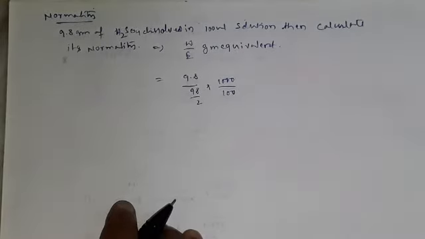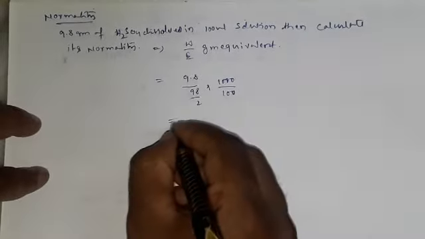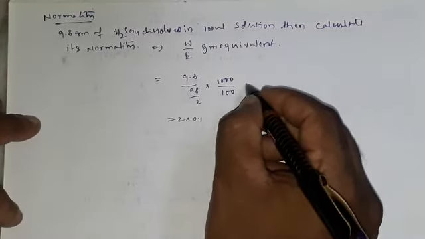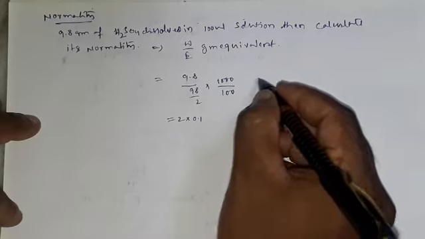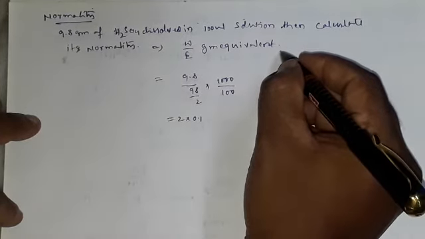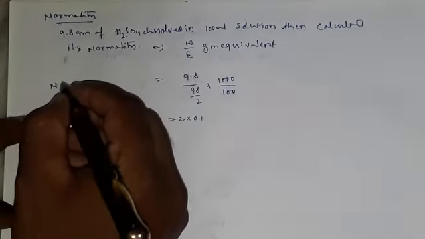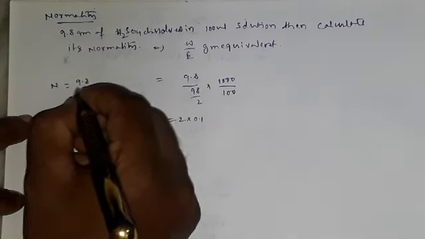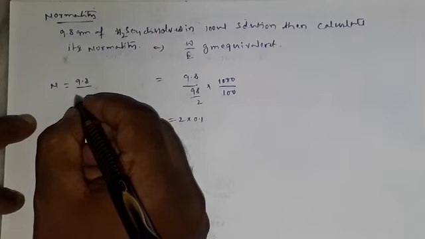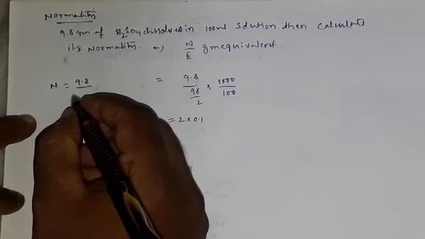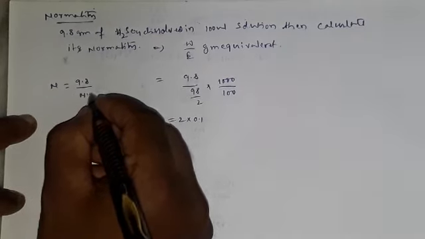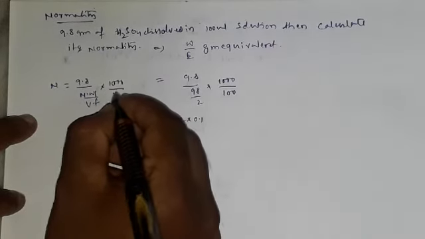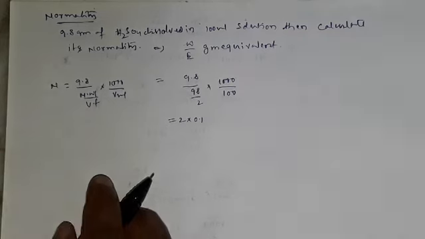So that is equal to 2 into 0.1. Normality equal to 9.8 by molecular weight by valency factor into 1000 by VmL.